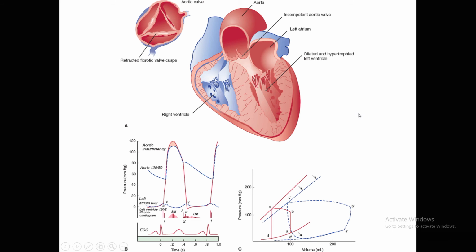The next defect is aortic regurgitation, or aortic insufficiency. It may present either as acute or chronic, with or without compensatory mechanisms. This defect is most commonly due to an inflammatory process, endocarditis, for example, or to inherited anomalies.